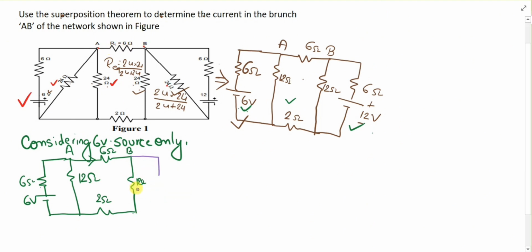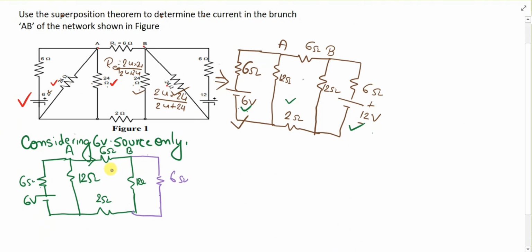That's why, drawing this 12 ohm, you will draw 6 ohm and then a short circuit, because the 12 volt source will be short circuited. Once this is done, you have to identify the total current flowing from A to B in the given circuit.